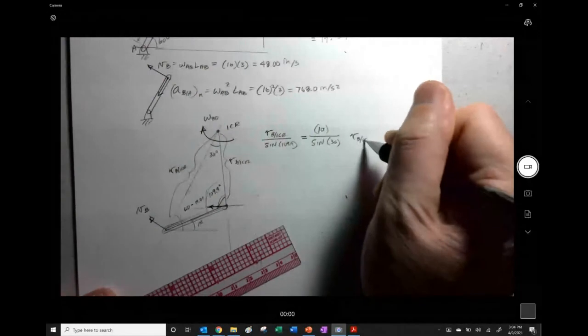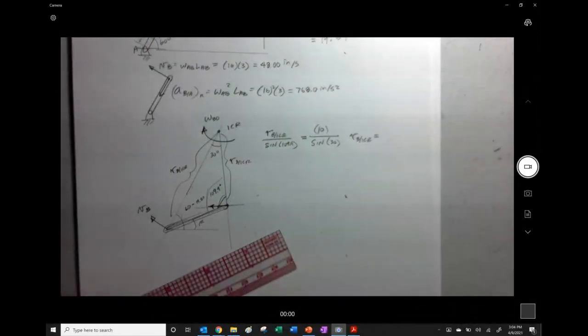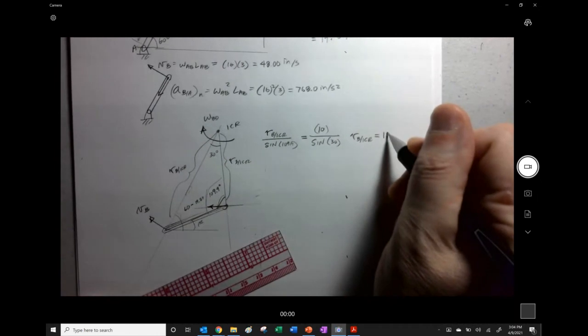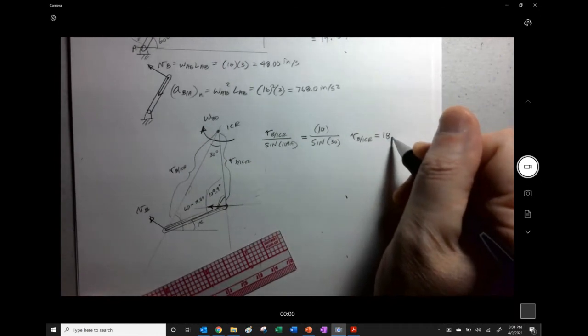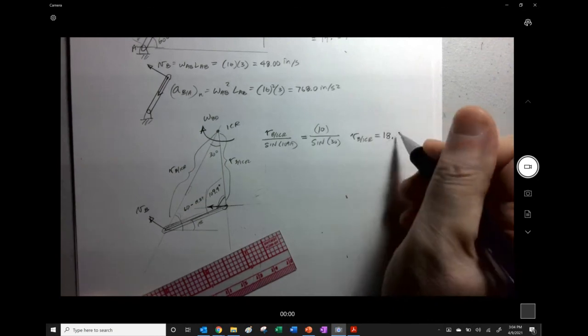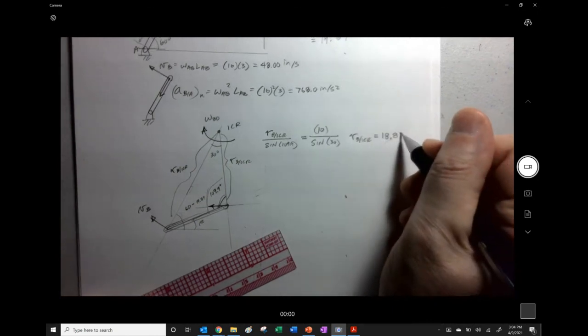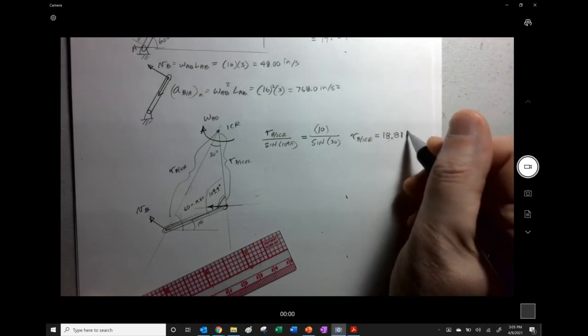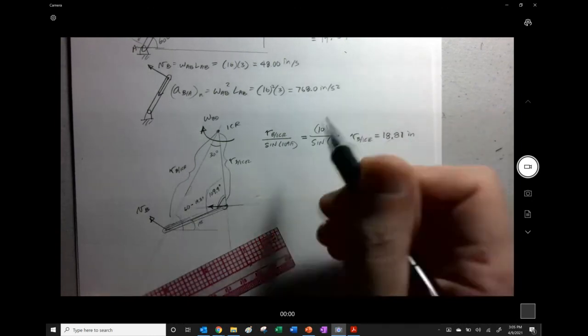So RB with respect to ICR is going to be 10 divided by the sine of 30 multiplied by the sine of 109 point whatever, and so we get 18.80781 inches. I guess it's 10, that's fine, yeah, okay.